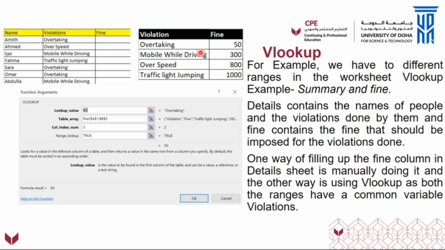Instead, I will just change this table, and it will be automatically changed over here. So I don't have to give access to this table to anybody. Only the managers have access to it, and the managers can change the fine based on the government rule. So let's do an example of this and understand the utility of VLOOKUP more.